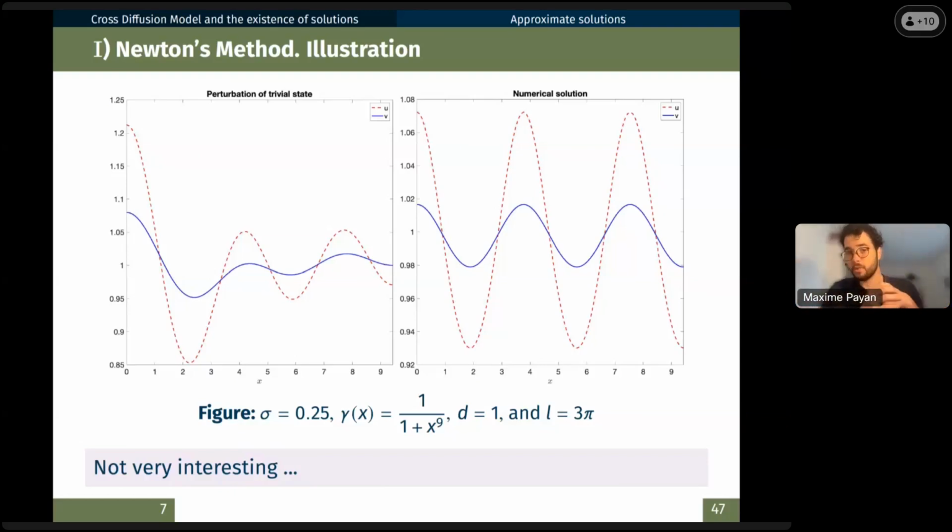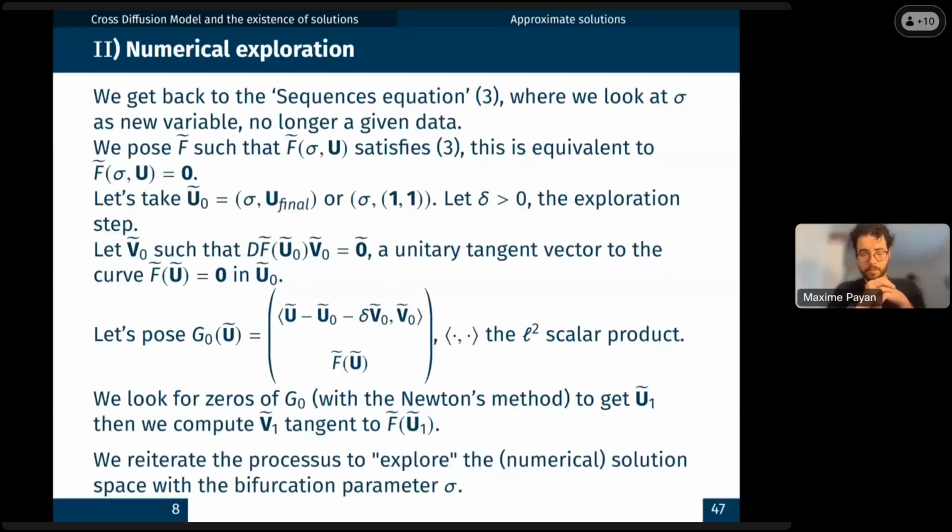So to get something more interesting on the dynamics of the system, we will use another method that explores the numerical solution space. So I will explain. We get back to the sequences equation, with the Laplacian and bold notations and the convolutions.